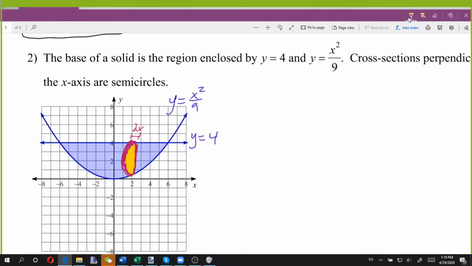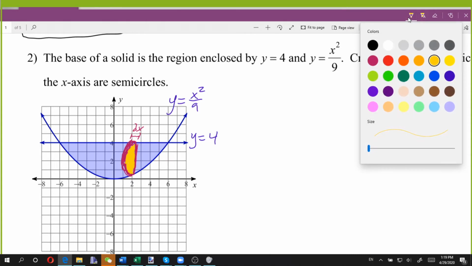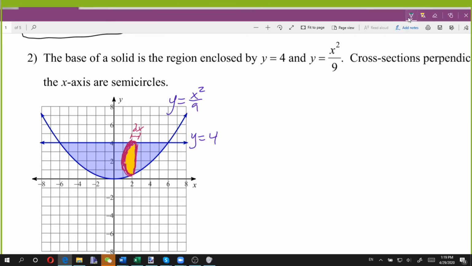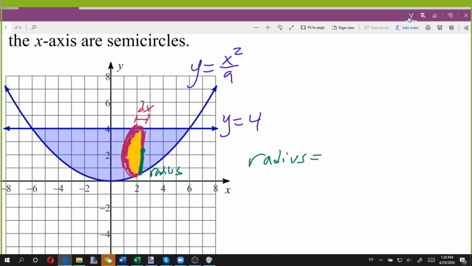Okay, so the hardest part of this, starting with Nikita: what will our radius be? I suppose 4 minus x squared. Okay, 4 minus x squared over 9 would give me the whole distance between the two y values.